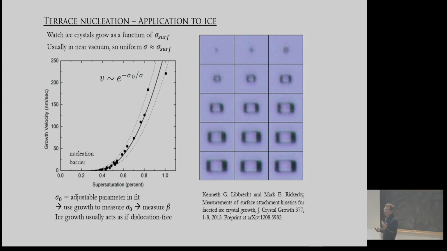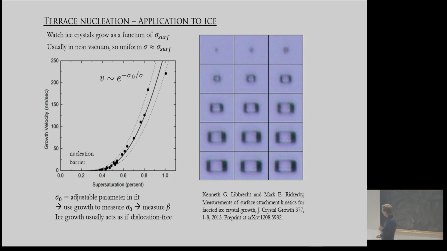Just like when you measure the surface tension of water, one accurate way to measure that is to look at the nucleation of water droplets. It's a similar thing. And this all works, by the way, for dislocation-free crystals. These are perfect facets.